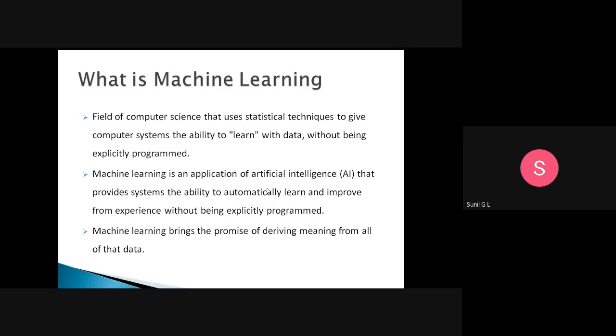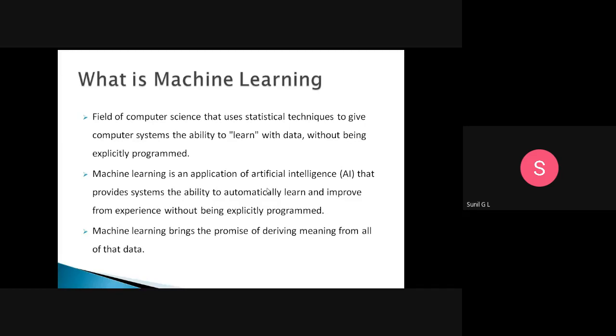How will we answer? For example, when you are asked some questions, you suddenly tell the answer. How do you suddenly tell the answer? You have read that question n number of times, so you have an answer. That means you have gained experience.